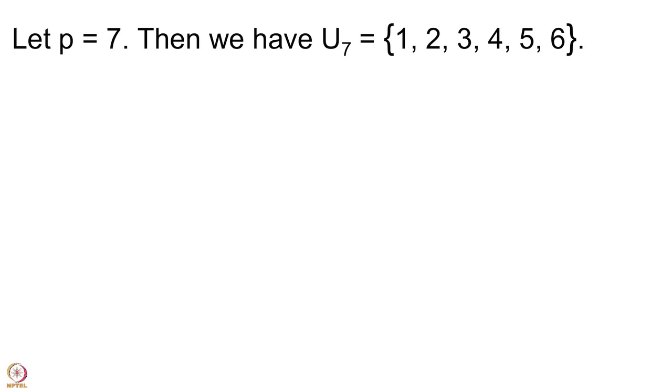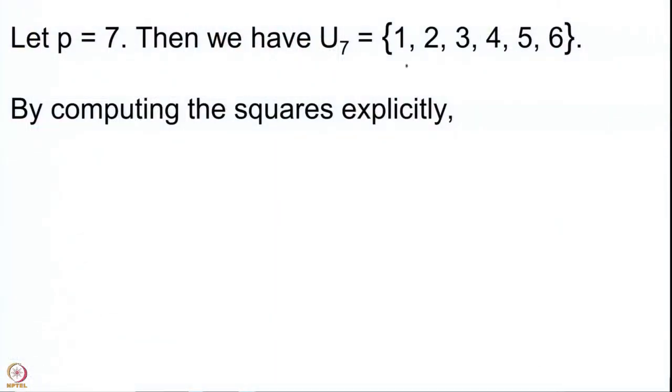The invertible elements modulo 7 are exactly 1, 2, 3, 4, 5, 6. Among these we have computed the squares explicitly, and let us just do it once again. So, 1 will give you 1 as the square and 6 also gives you 1.